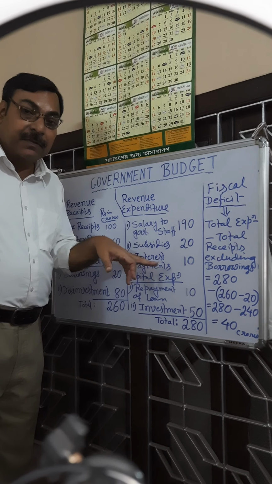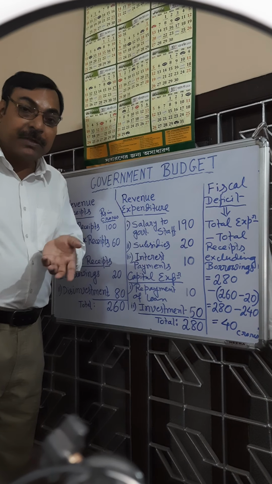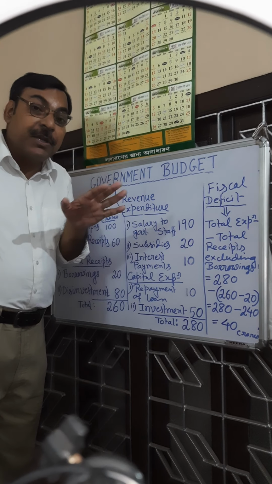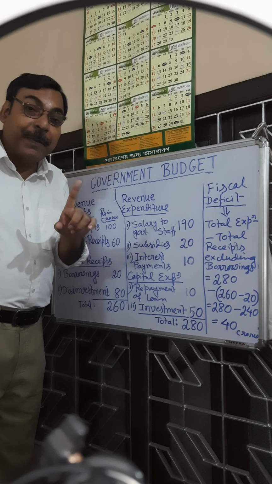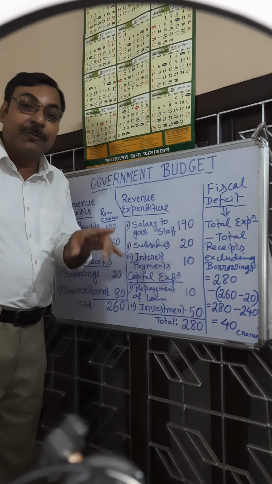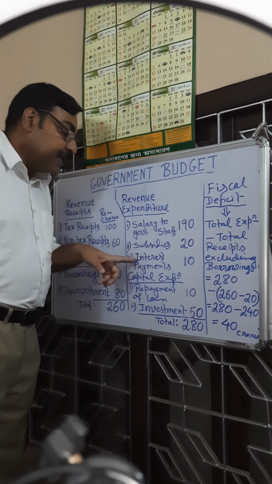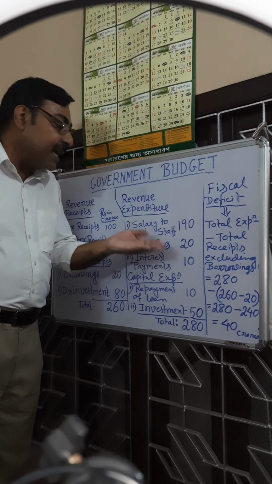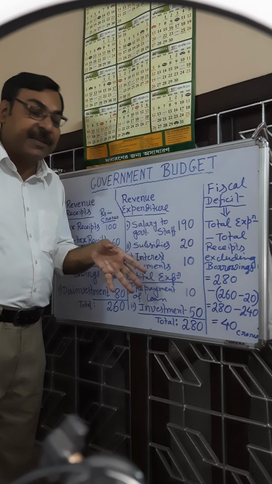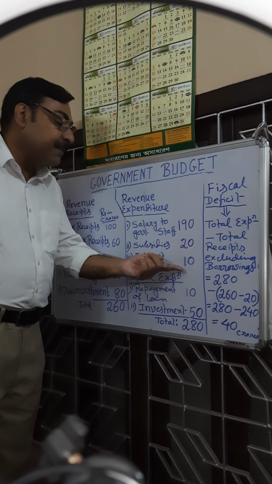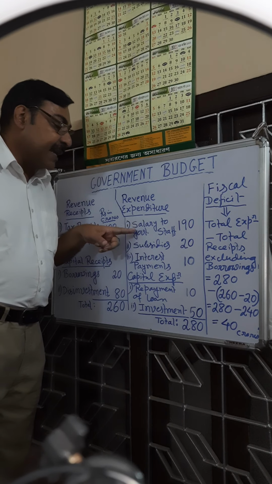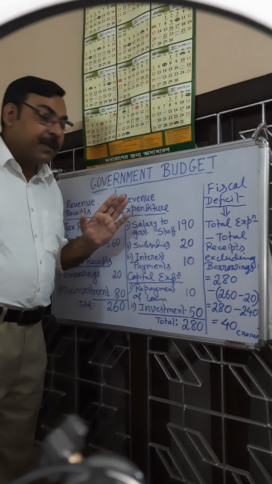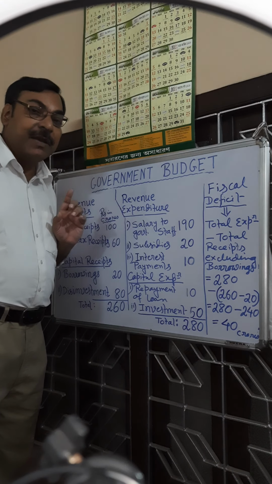Interest payment: if you take a loan, you have to pay the interest. But this interest payment is not reducing your liability. If you pay some part of the principal amount, that will reduce the liability. So interest payment has no effect on liability. These expenditures, salary to government staff, subsidy and interest payment, are within revenue expenditure.